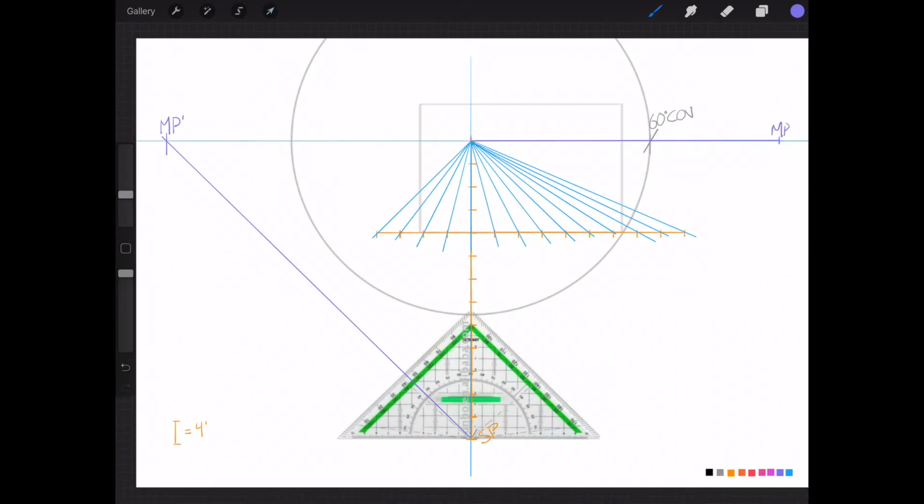Like normal, we know that each vanishing point has two measure points. And the rule of thumb is the measure point is the same distance away from the vanishing point on the horizon line that the station point is from the vanishing point. That's why I showed you two different ways of creating the measure point.